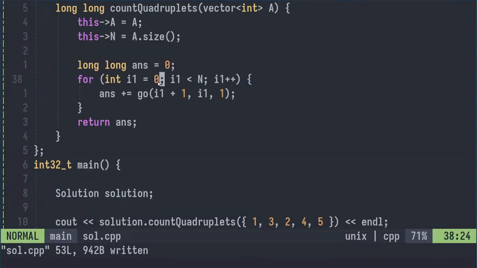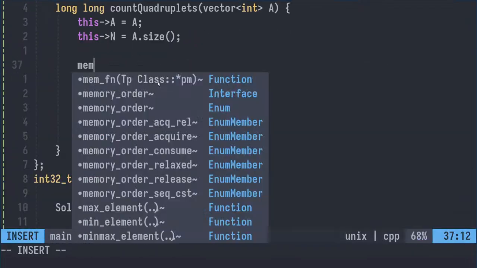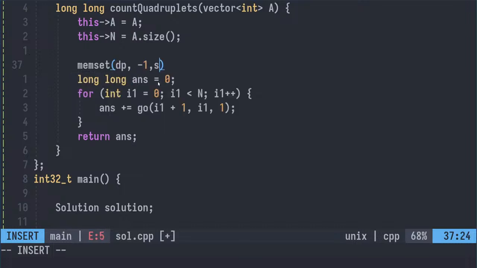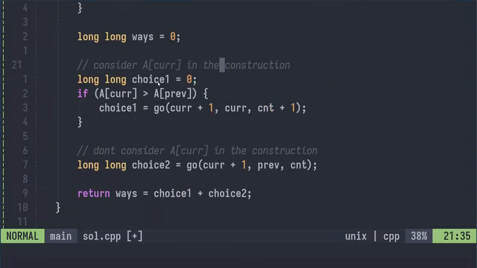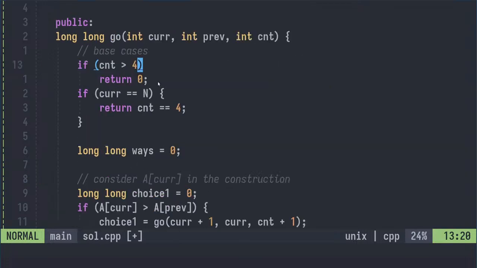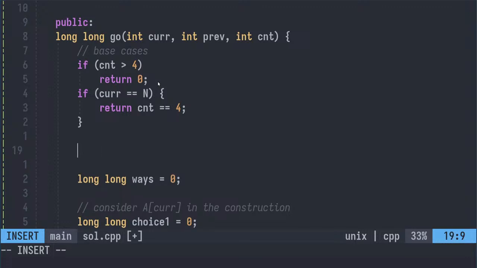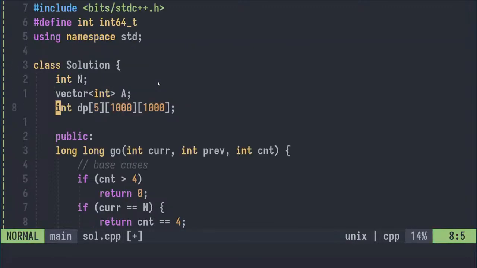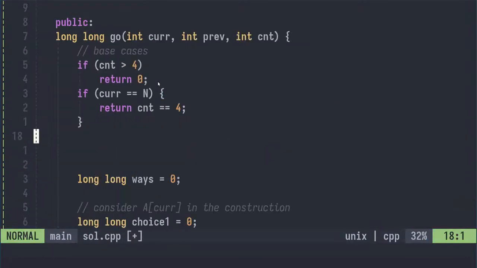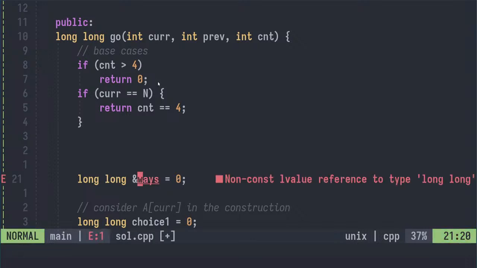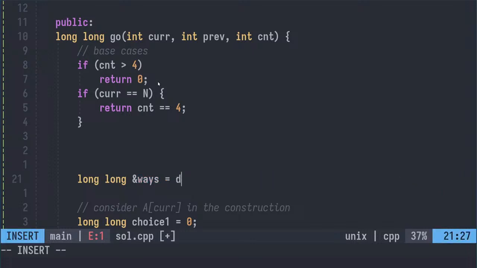You will have to set dp to minus 1, and here we check whether this particular state is visited.